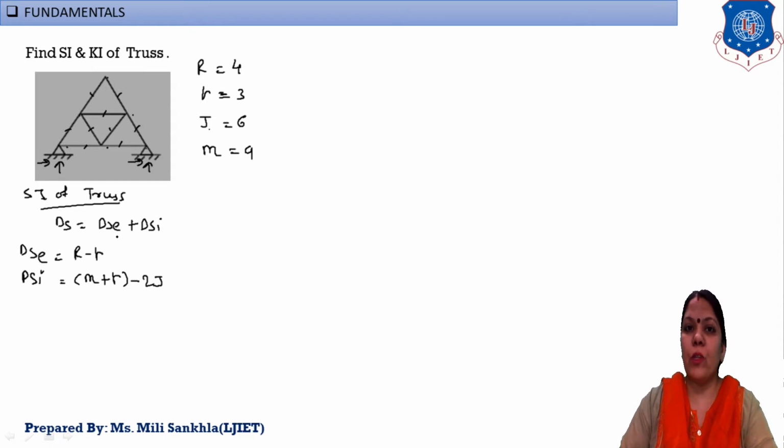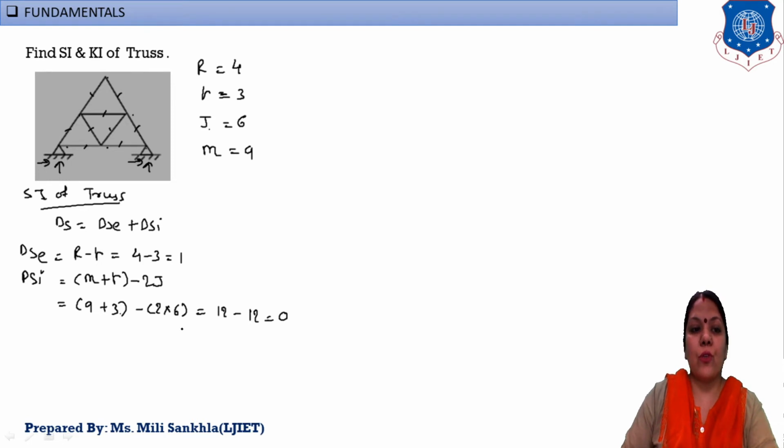Now one by one, put the values in the equation. DSE: capital R is equal to 4 minus 3, is equal to 1. Now M is equal to 9, small r is equal to 3, then 2 into the joints, 6. 9 plus 3 is equal to 12, 12 minus 12 is equal to 0. So DSI for the given truss is equal to 0.